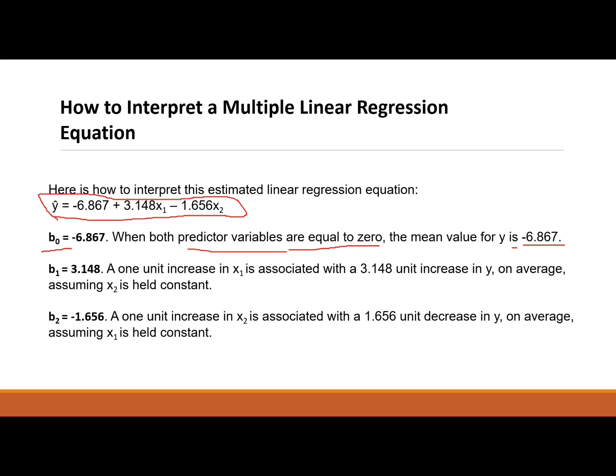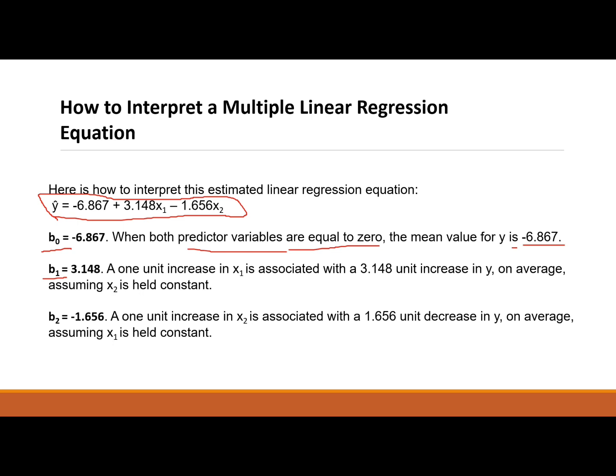In other words, when the predictors have no effect, so both are zero, the estimated average value of y is negative 6.867.